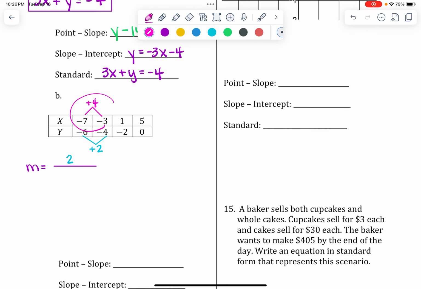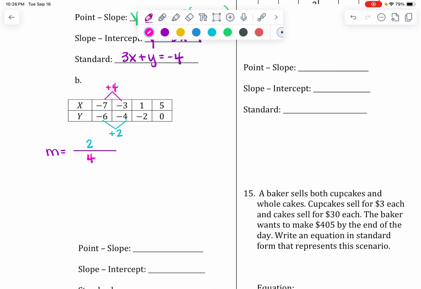If you don't see that as add 4 right there, then go over here and do the 1 and 5. Go to the positive numbers, right? It's a lot clearer that that's +4 if you get lost on that. So that means my change in x's is a 4. So my slope is 2/4, which of course reduces to 1/2. So that is our slope.